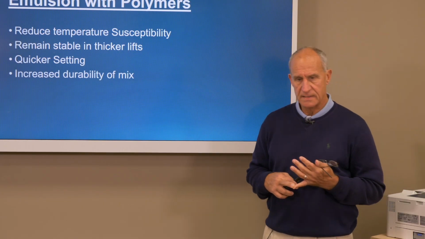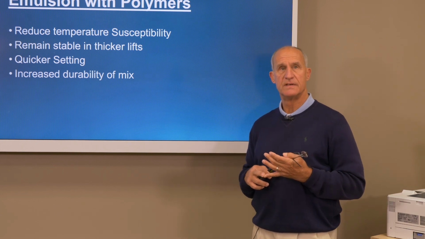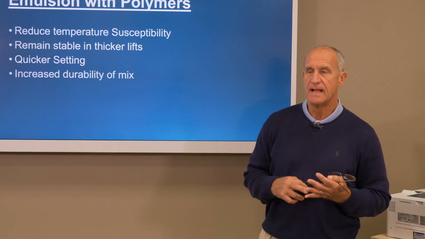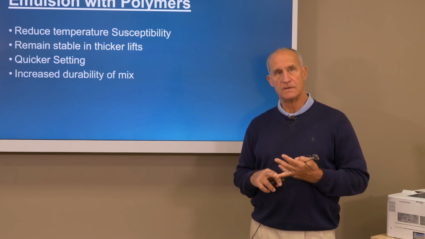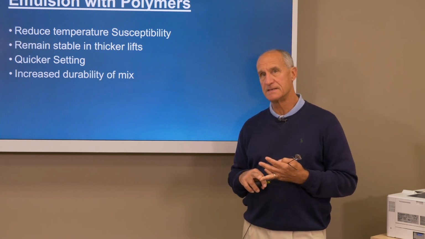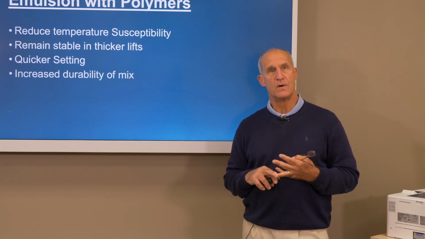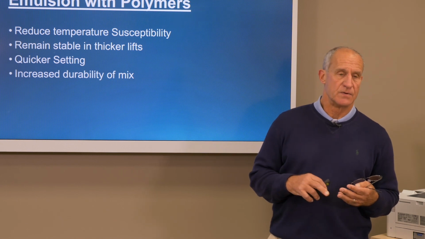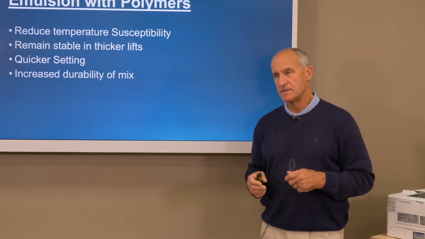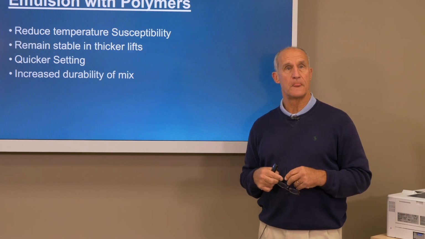It may not have the tendency to flush in hotter weather. It doesn't have really ductility, if you will. There's not that much latex in the mix, but it will remain not quite as brittle in colder temperatures. So it's going to be a little bit more forgiving as we get the wide range of climates that we have in this part of the world.